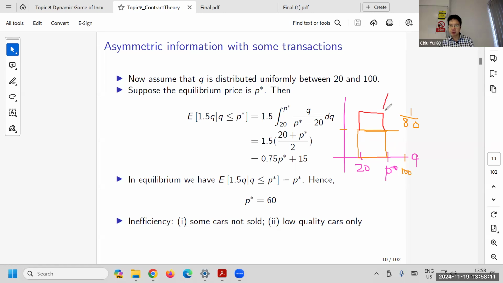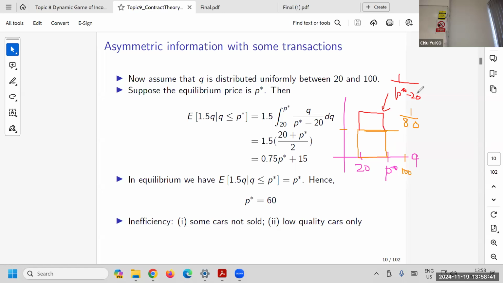The height will be 1 over P star minus 20, right? So that's how you get this. Integrate, and you want the expected quality to be the same as the price, because this is the price being sold. And you can solve, right?